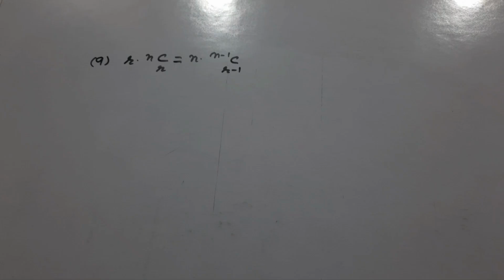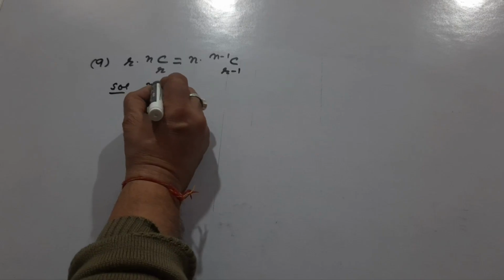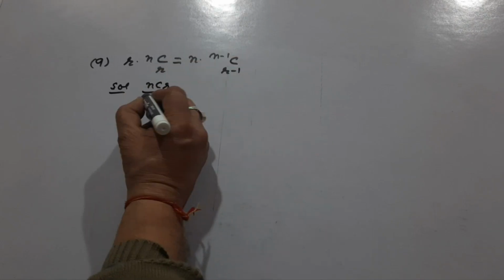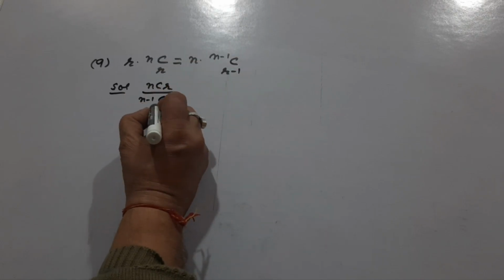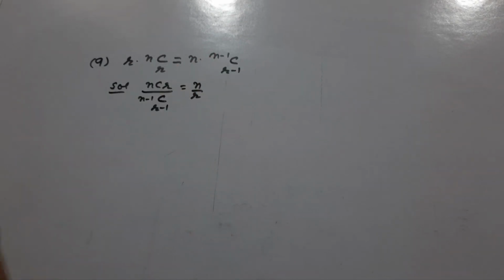Now ninth question, we have to prove that r into nCr is equal to n times (n minus 1)C(r minus 1). Now students, we can write it like this: nCr upon (n minus 1)C(r minus 1) equal to n by r. We can write this question like this.